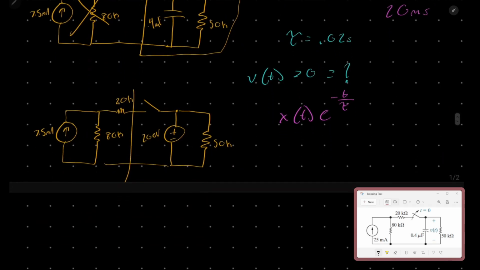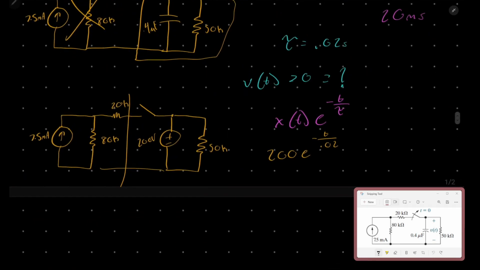Okay, so this x of t is going to represent the initial voltage or current of whatever kind of circuit you are trying to solve. So we're trying to solve voltage. So what we're going to do is just take the initial voltage that the capacitor is going to output, which is going to be 200 e to the negative t over our tau, which is 0.02.